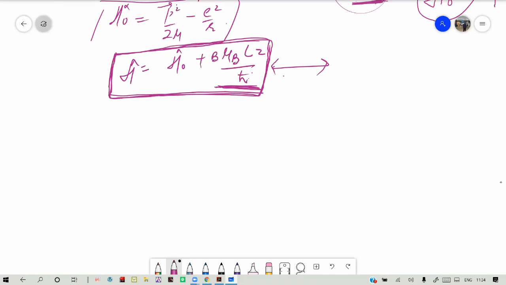And we have the eigenfunction psi n l m of r, theta, phi. Because the wave function will now be a function of r, theta, and phi in a hydrogen atom or hydrogen-like atoms.